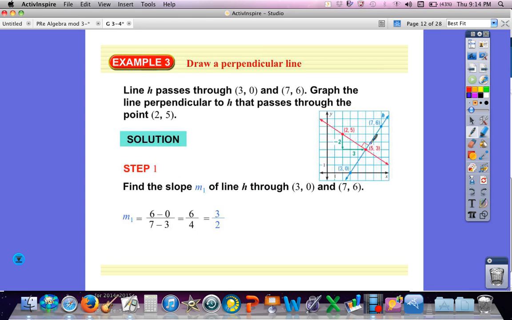Okay, so they wanted it to go through 2, 5, perpendicular. The perpendicular is going through at 5, 3. So they started at 2, 5, and they went down 2 and to the right 3 because we want the negative reciprocal.